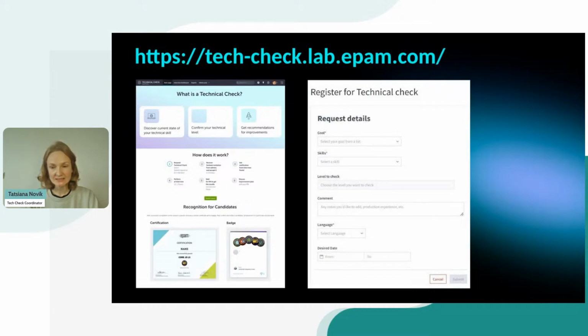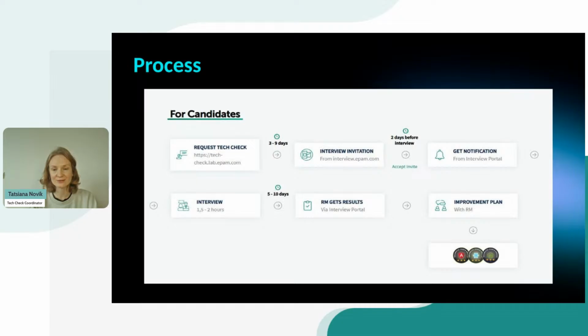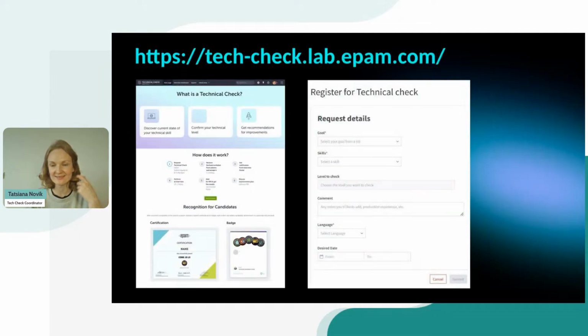By clicking it, a form will open and you will be asked to fill some fields like some details about your goal, the skill that you want to check, the level, and the preferred date for the session.